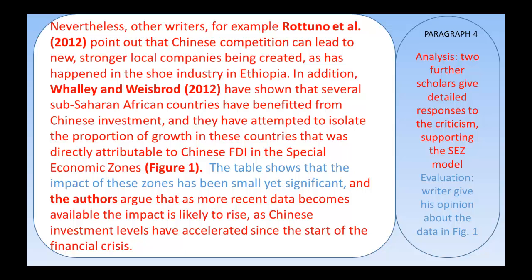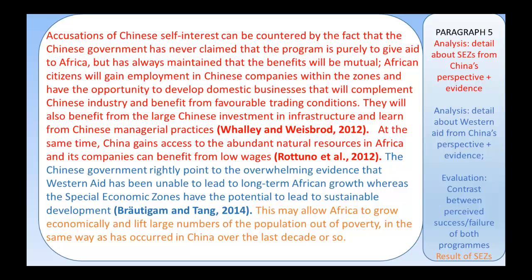We've got some evaluation in this because there's a table in this paragraph, and the writer shows that these figures show a small growth, but the writer agrees that it's significant and therefore important. So we do have some evaluation, some opinion of the writer in with that analysis. In paragraph 5, we've got more analysis, we've got detail about the SEZ programme from China's perspective, we've got the detail about the Western programme from China's perspective, and we've got some contrast between that programme.